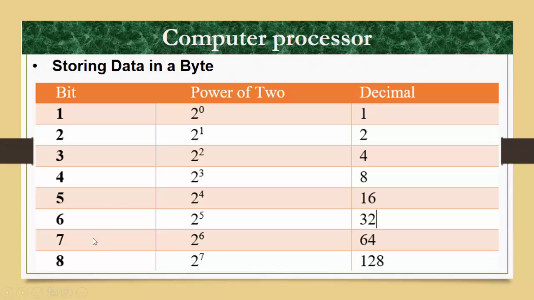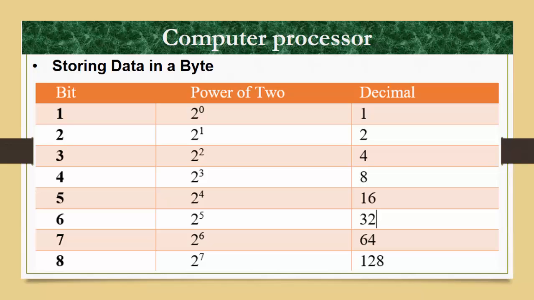The 7th bit has a value like 2 power 6, equal to 64 in the decimal number. The last one, the 8th bit, has a value like 2 power 7, and that's equal to 128 in the decimal number.